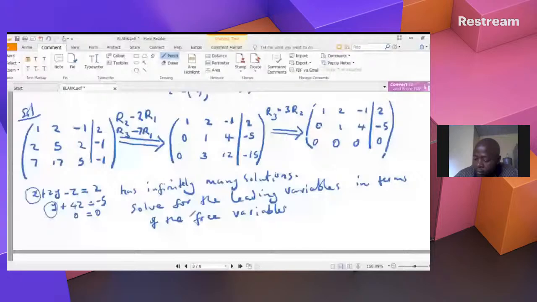So z is the free variable here, and we'll solve for x and y in terms of z.